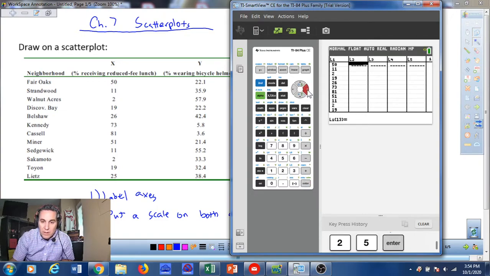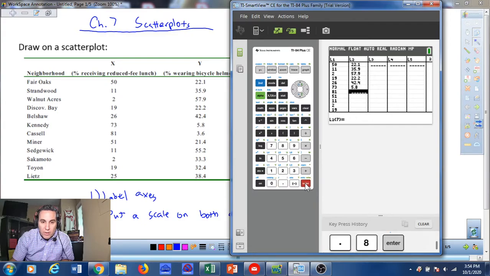The beast over there. Okay, and then the y variables, 22.1, 35.9. It's funny that these are all decimals, but the other ones were not. 57.9 and 22.2 and 42.4 and 5.8.